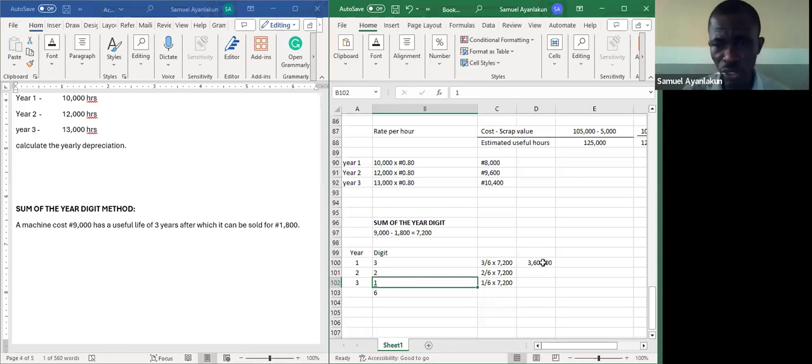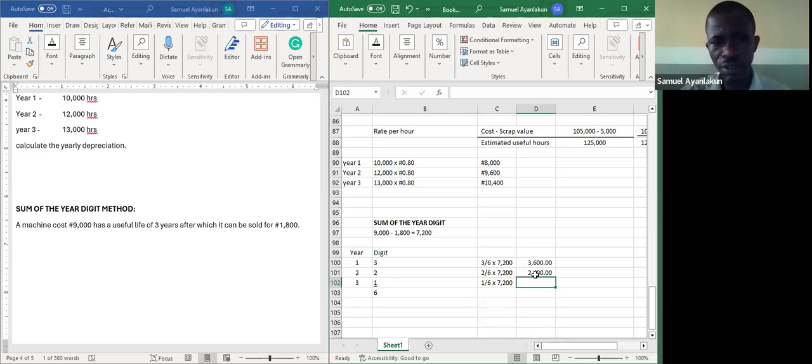So this is the amount of the tuition you will charge for first year. The second year, you charge also 2 divided by 6 times 7,000, so 2,333.